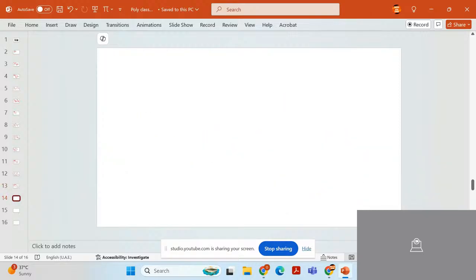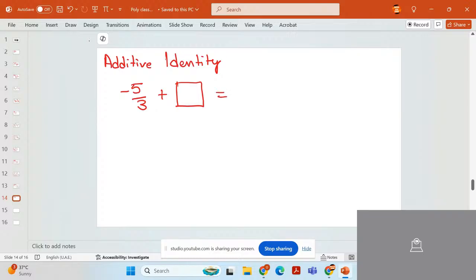Now, the last properties. The first is additive identity. What is additive identity? If you take any number, what is the number that should be added to get the same number?